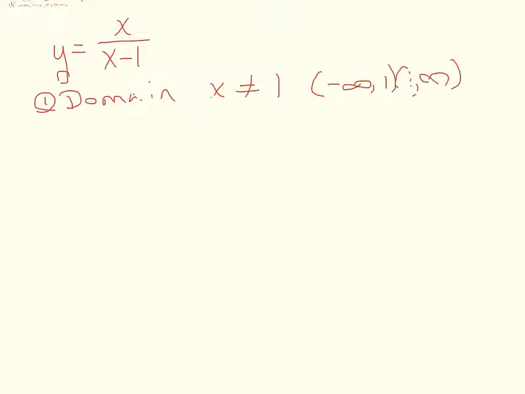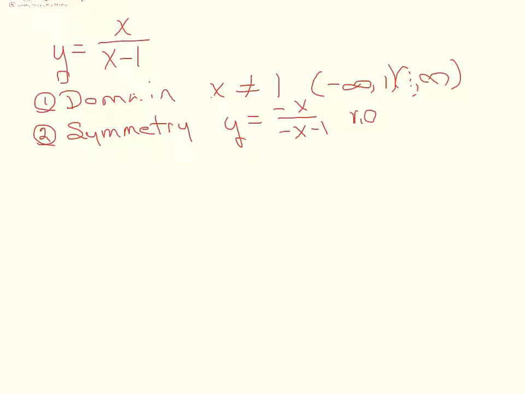We want to think about symmetry. If I were to plug in a negative x everywhere, that's not going to be the same thing I started out with, and it's also not the opposite, so there is no symmetry. Sometimes if you have symmetry, you can just think about one side of the graph and then be able to graph the other side because you have symmetry.